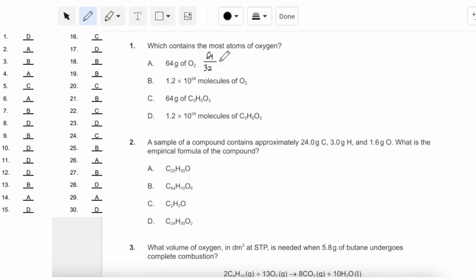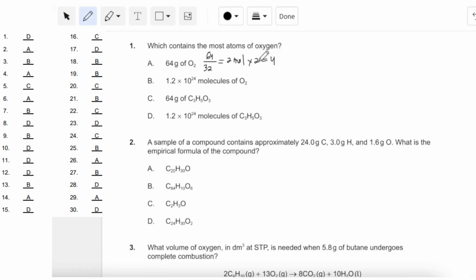So it's 2 moles of O2. But the question asks for atoms of oxygen, not molecules, so you need to multiply by 2 as well, which gives 4 moles.